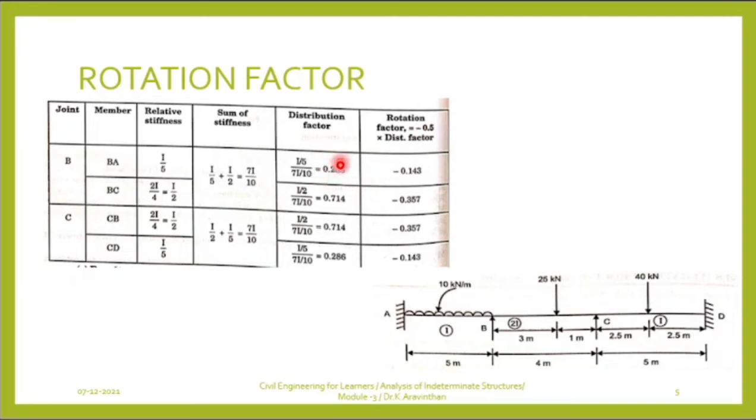So when you multiply 0.286 into minus 0.5, you will be getting minus 0.143. Always the rotational factor will be in terms of minus. Whatever sum you are solving, the rotational factor will be in terms of minus, and if you add that, you will be getting 0.5 as the maximum value.